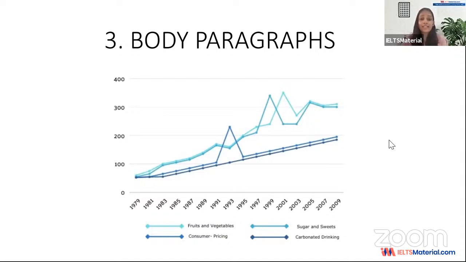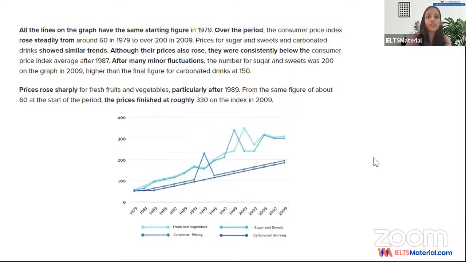So let's understand some of the main features with the help of the graph and how to describe it with the vocabulary that we have just learned. So now here, what have we written? We are talking about the consumer price index, right?